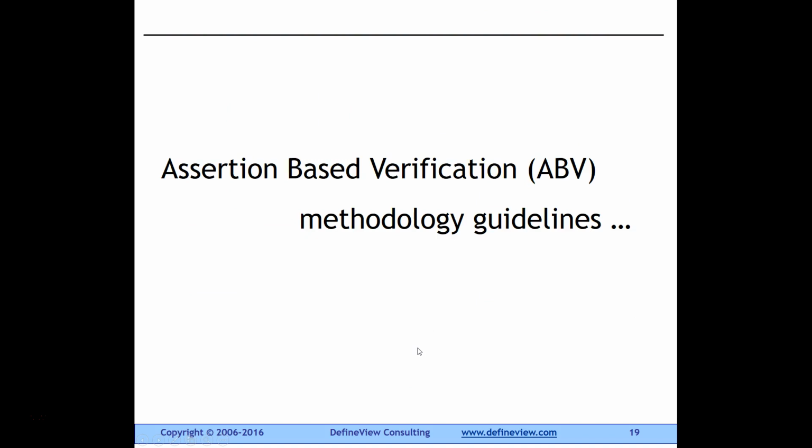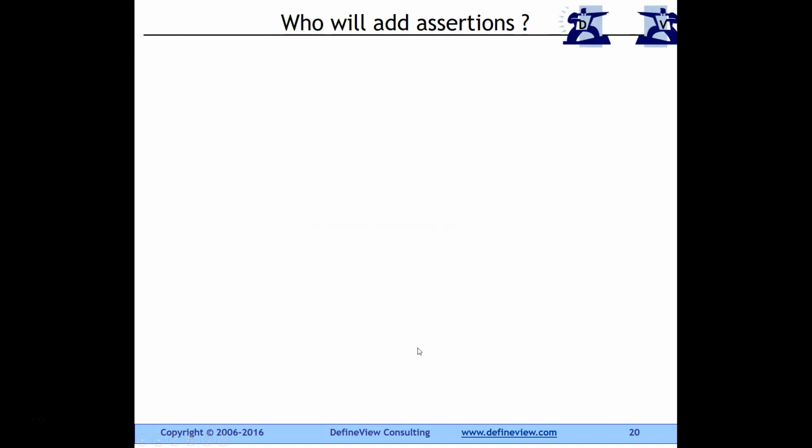Some methodology guidelines on ABV. Things have changed recently, where the disagreement on who should add the assertions is slowly thinning away. The design engineers say, hey, writing assertions is a verification engineer's job.